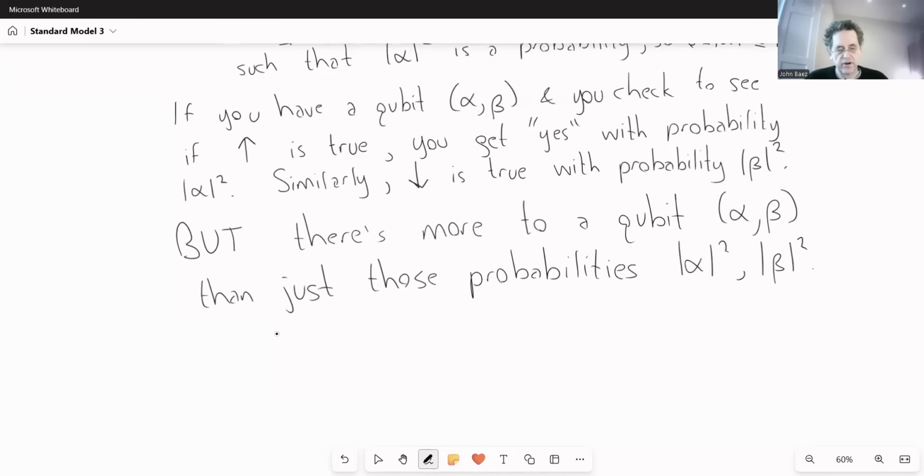So, for example, first of all, there are ways to change the qubit that keep the probabilities the same. And here's one.